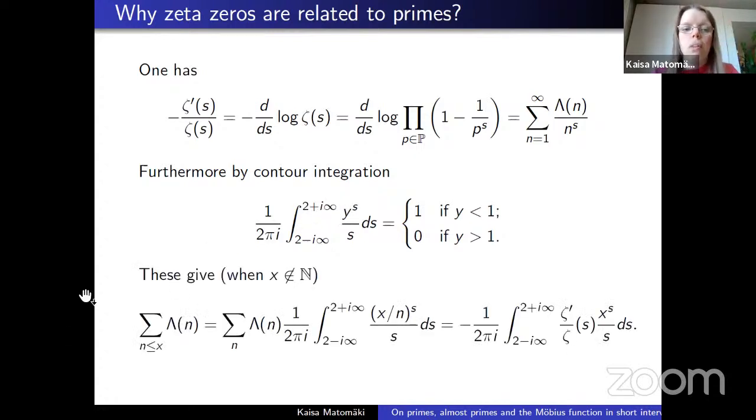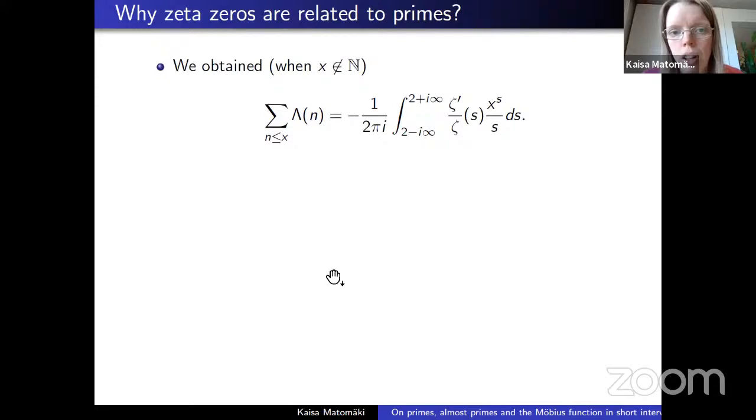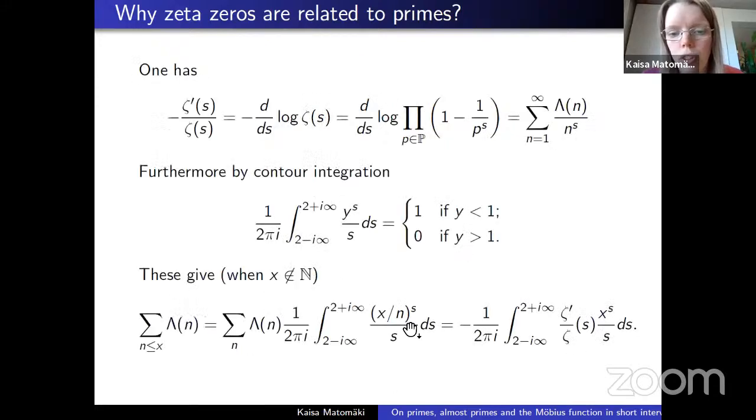If we look at the von Mangoldt function summed up to x, that is the weighted sum of the number of primes up to x, then we can spot the condition that n is at most x by using this formula with x over n in place of y. This gives us the sum of the von Mangoldt function and then this integral that we used for spotting the condition.